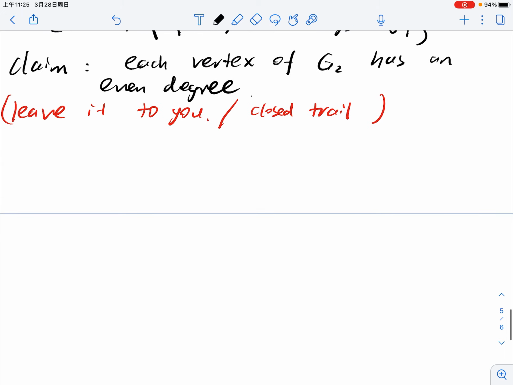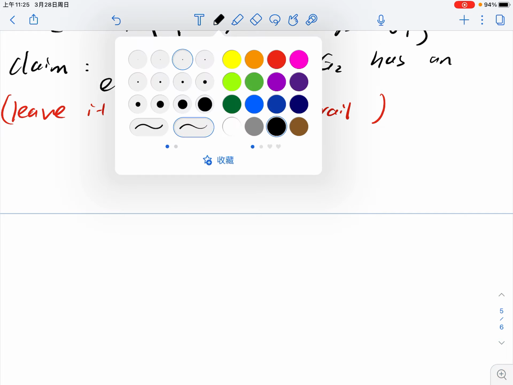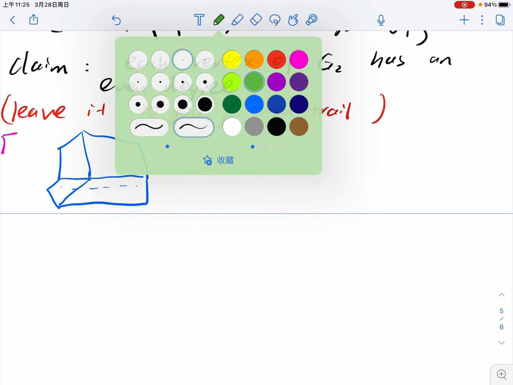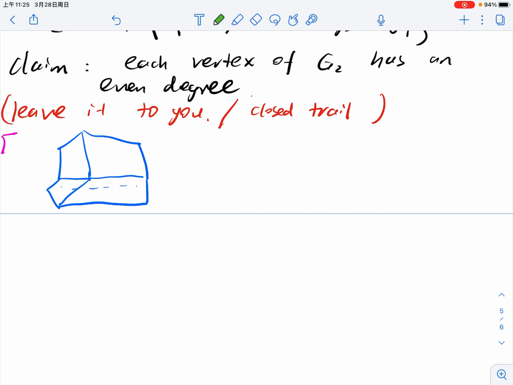Here I give a graphic explanation. At the very beginning, for example, you might have a complicated graph, and this is the alpha 1 you are choosing.